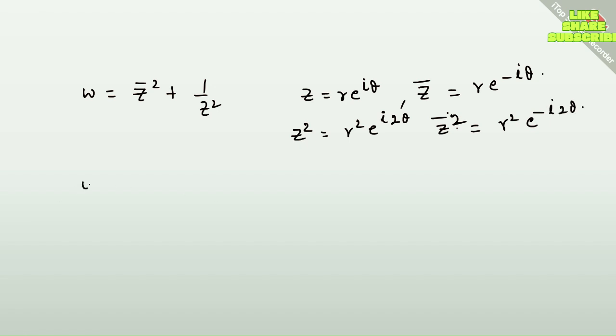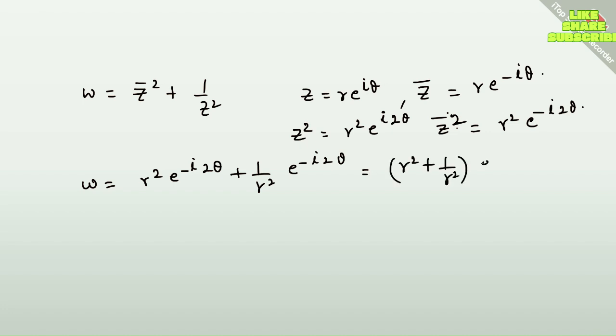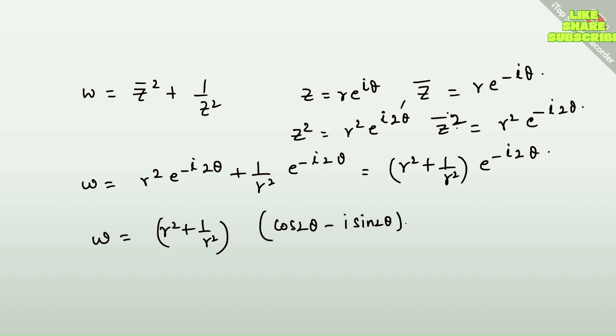Therefore W can be written in exponential form as R square e raised to power minus iota 2 theta plus 1 over R square, and if we take the reciprocal of e raised to power iota 2 theta, this is equal to e raised to power minus iota 2 theta. Therefore this is R square plus 1 over R square times e raised to power minus iota 2 theta, and W is equal to R square plus 1 over R square times cos 2 theta minus iota sin 2 theta in trigonometric form.